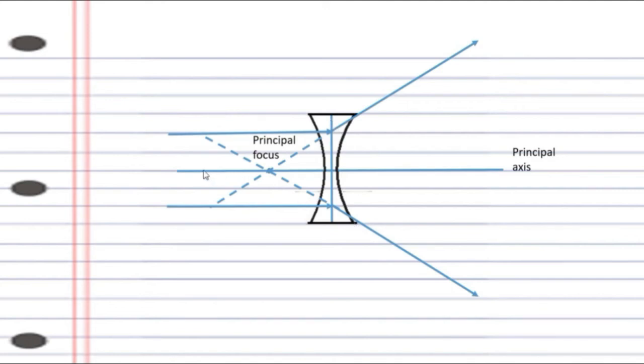And this particular line is called principal axis. Right, now it is very easy to define principal focus of concave lens. How will you define? Light rays which are parallel to the principal axis diverge in a concave lens. When they are extended back, they appear to meet at a point on the principal axis, which is called principal focus.